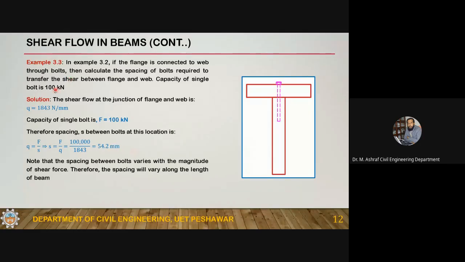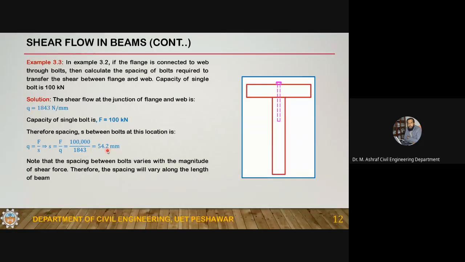Now, since the shear is usually variable along the length of the beam, this spacing will also be variable along the length of the beam. If you have a zero shear at a certain location, then theoretically you do not need any bolt. If shear is 0, then the shear flow is 0.